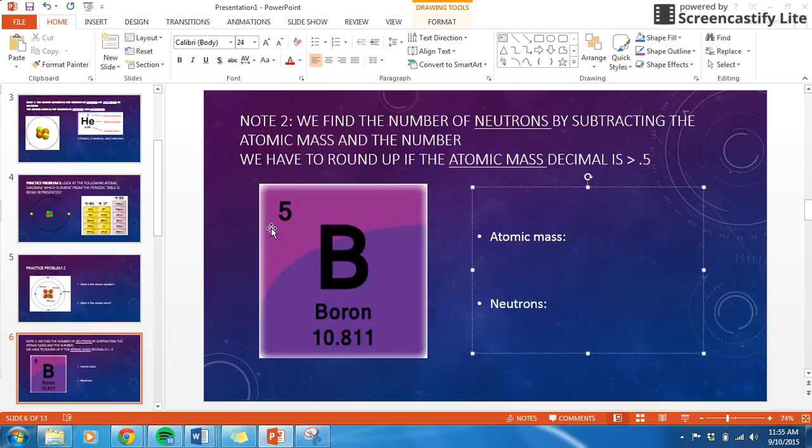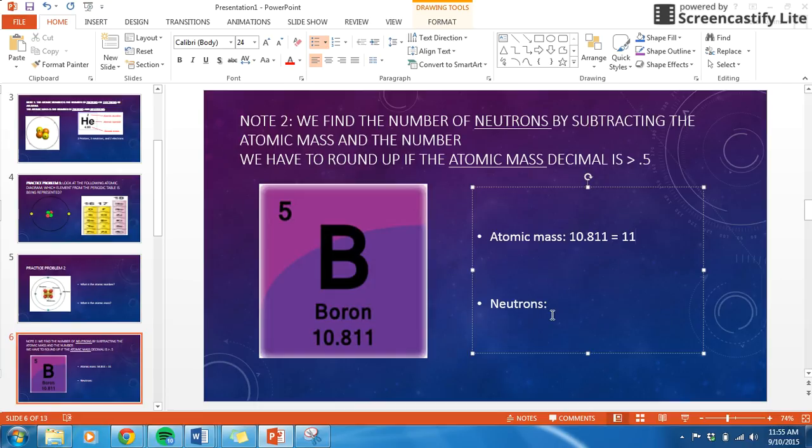I know that boron's atomic number is 5, so I know that it has 5 protons and 5 electrons, but let's take a look at its atomic mass. I know the atomic mass is going to be 10.811, but we're going to round up. I see that .811 is greater than 0.5, so I'm just going to round up to 11. So I know that its atomic mass is 11.